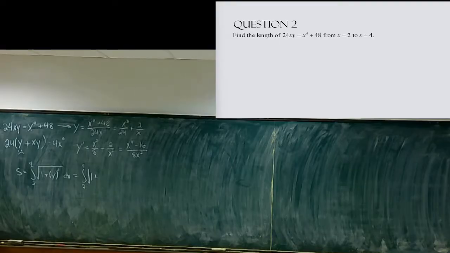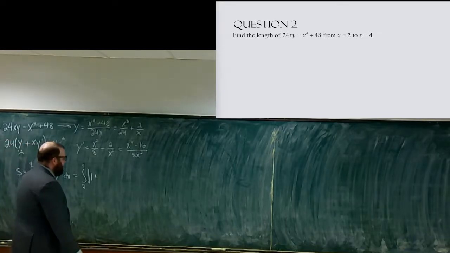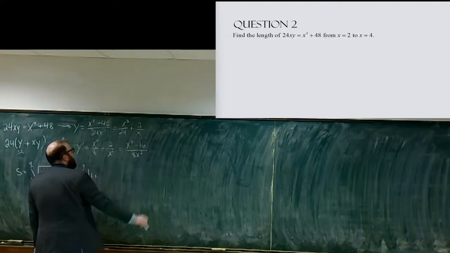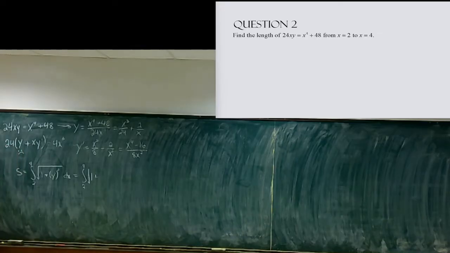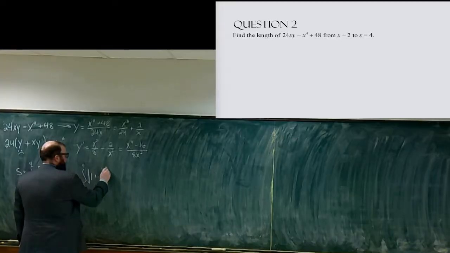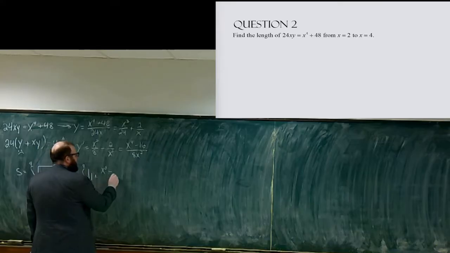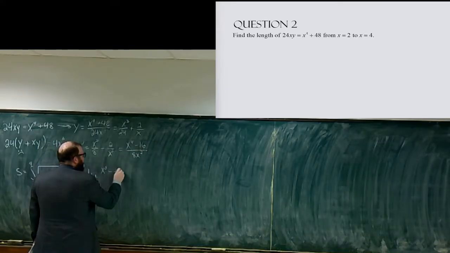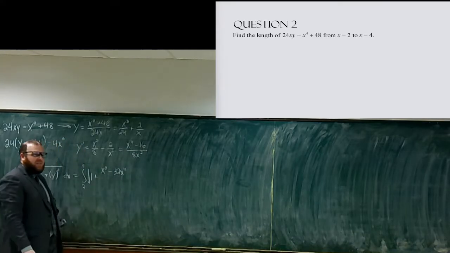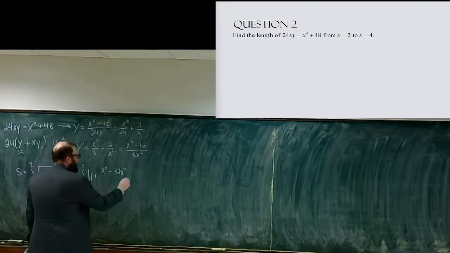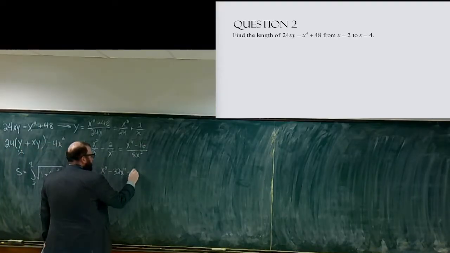Oh boy. x to the 4th minus 16 squared. That's like a difference of squares: x to the 8th minus twice the product, 32x to the 4th, plus 16 squared.